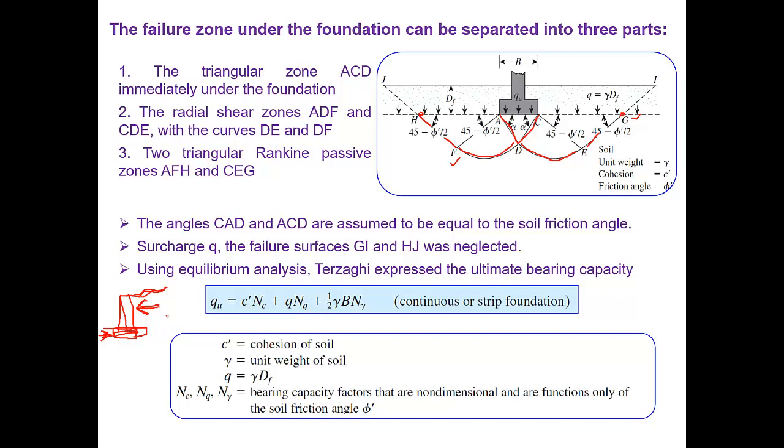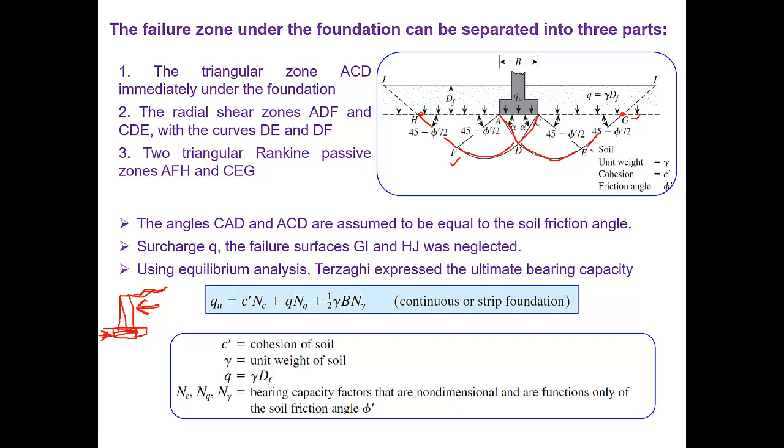Okay, if I repeat these portions again, the triangular zone we consider is ACD, the failure zone just below the foundations. The radial shear zones are ADF and CDE.